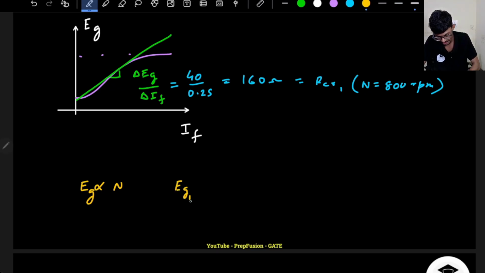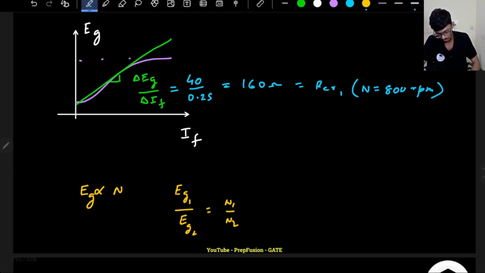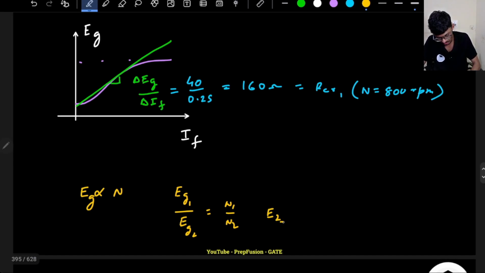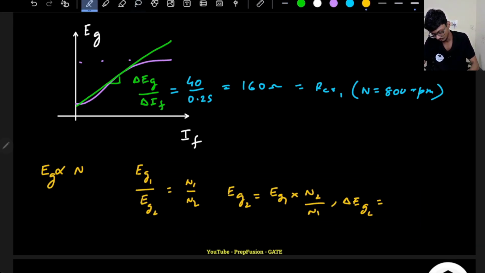So Eg1 by Eg2 will be N1 by N2. So this numerator, delta Eg, also will be multiplied by N2 by N1, because my Eg2 will be Eg1 into N2 by N1. So delta Eg2 will be equal to delta Eg1 into N2 divided by N1.